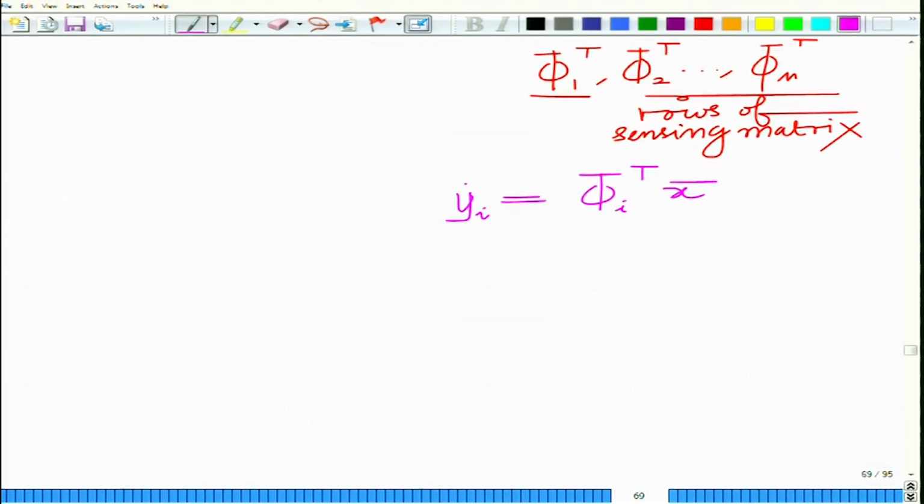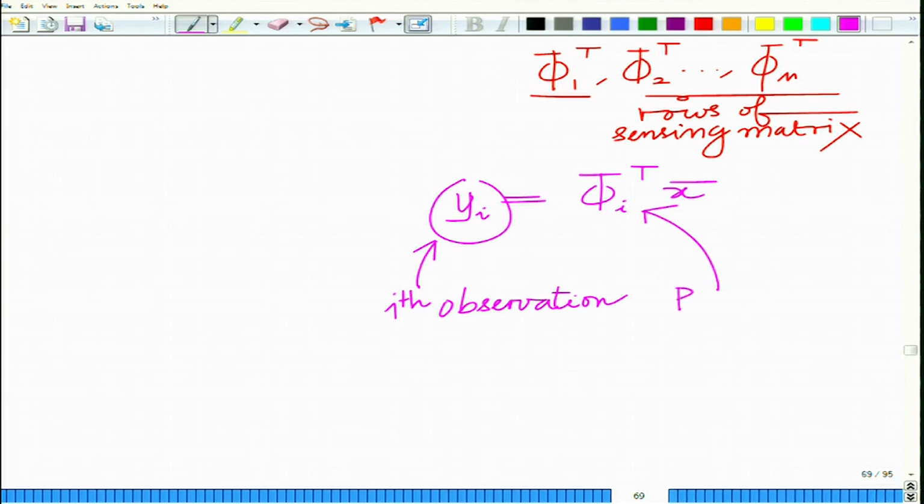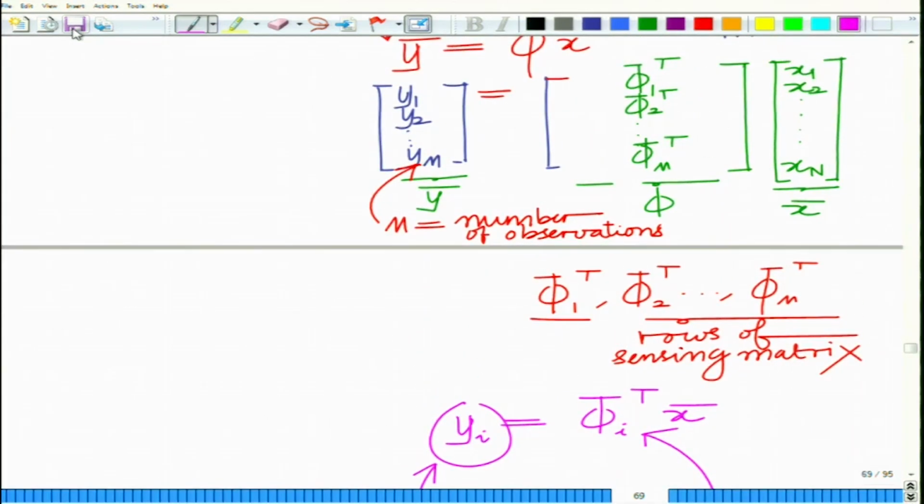So this is the projection of x bar on row phi i bar transpose. Each measurement is basically a projection of the signal vector x bar on a row of the matrix phi.